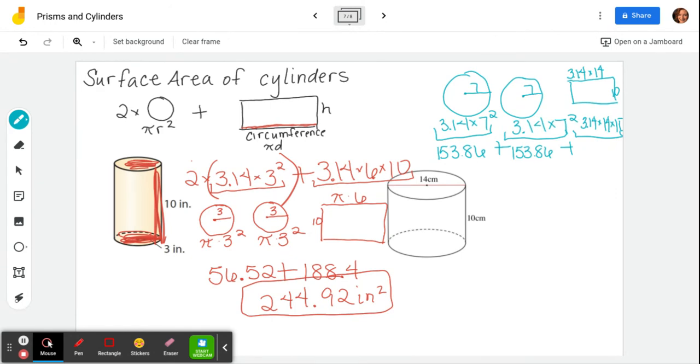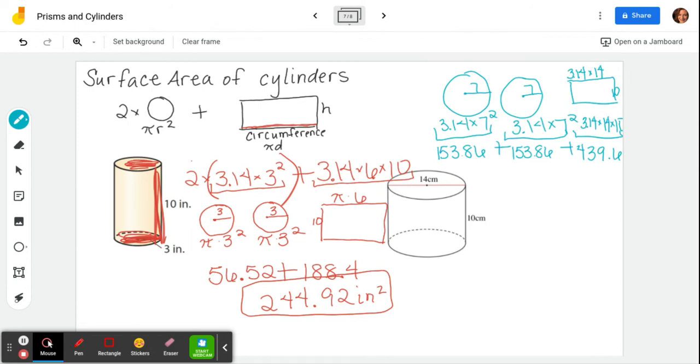The rectangle, 3.14 for pi times the diameter, which was 14, times the height of the whole thing, which is 10, gives me 439.6.